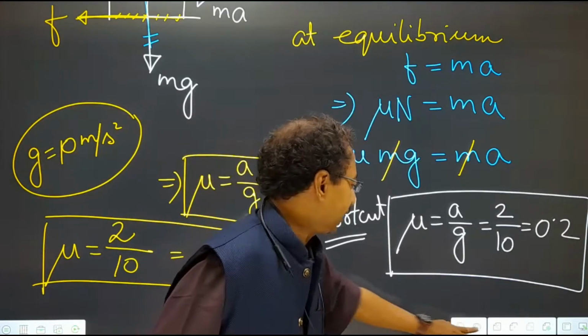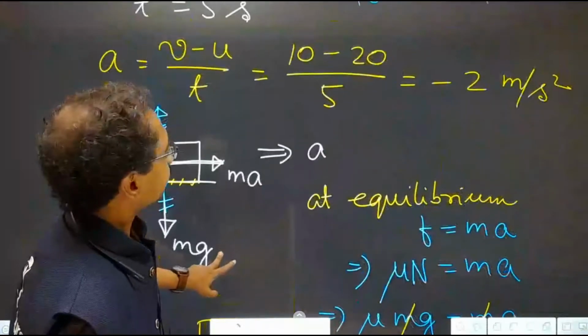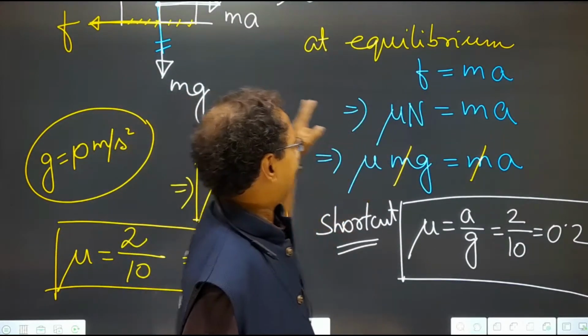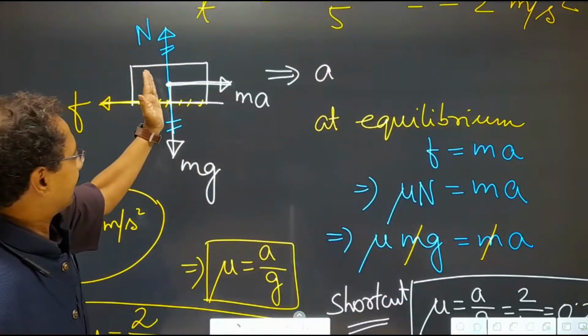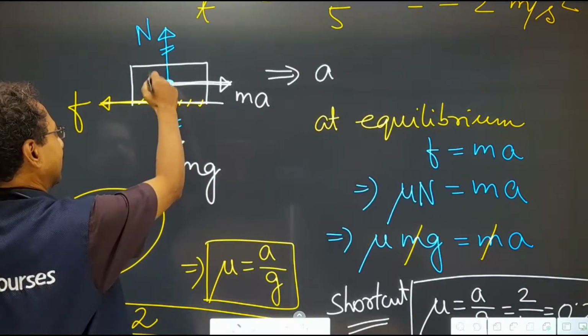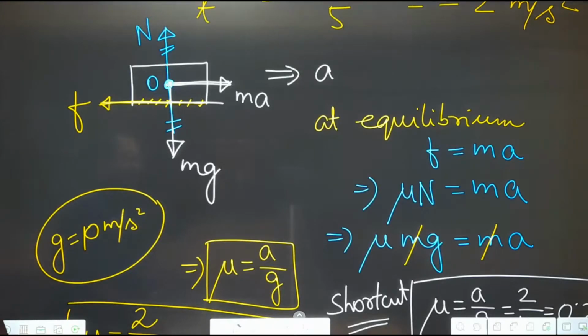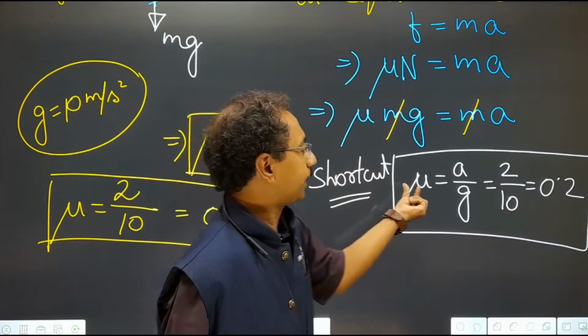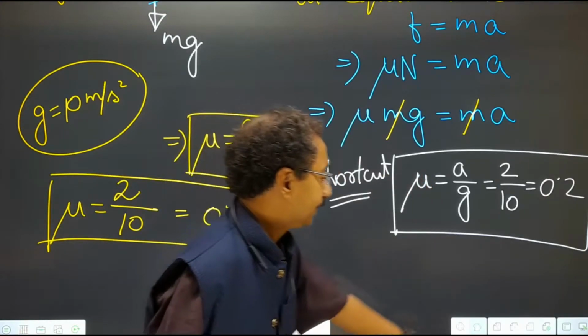We calculated the acceleration, we balanced all the forces acting over the body at the point of application of the forces, and after balancing all the forces, we got the value of mu in this way.